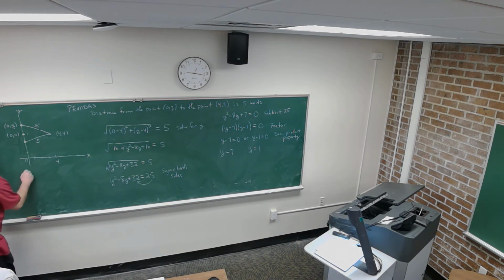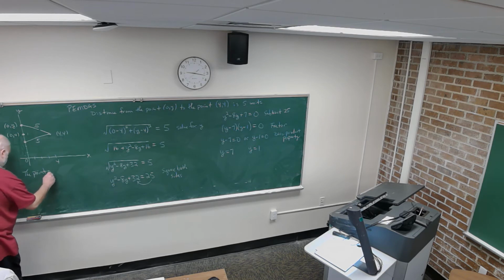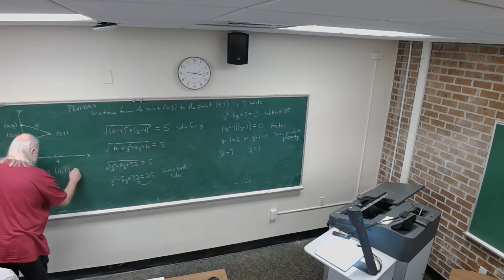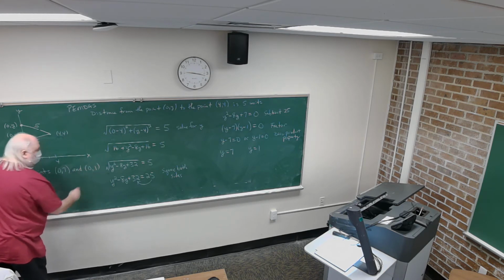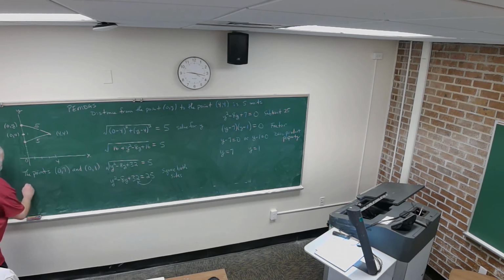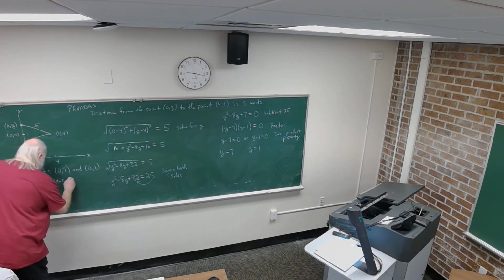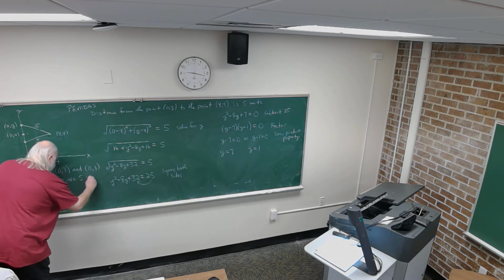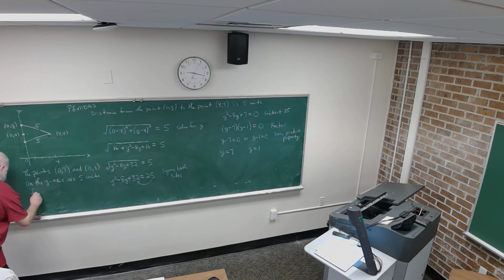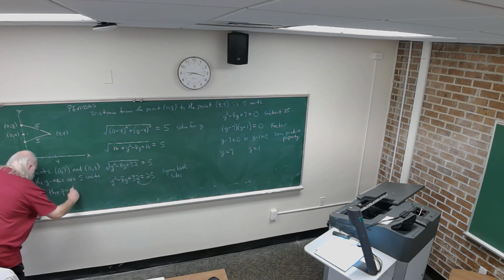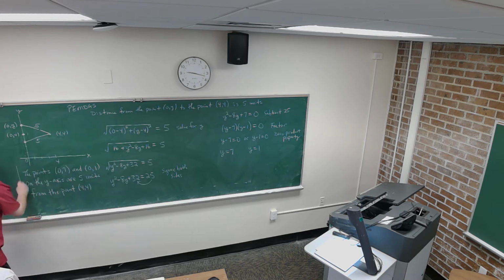So the points (0, 7) and (0, 1) on the y-axis are 5 units from the point (4, 4). Any questions on that?